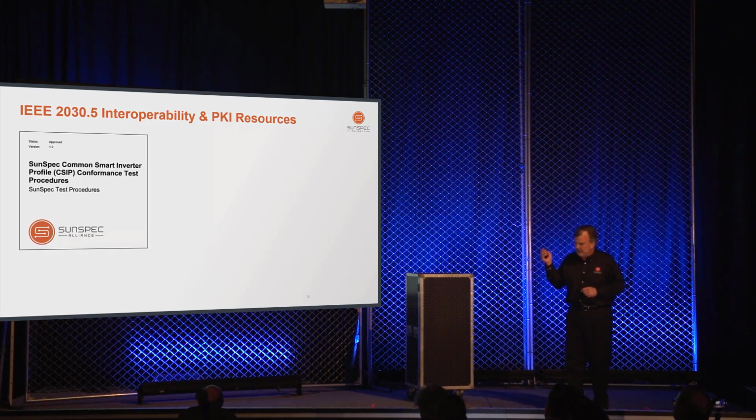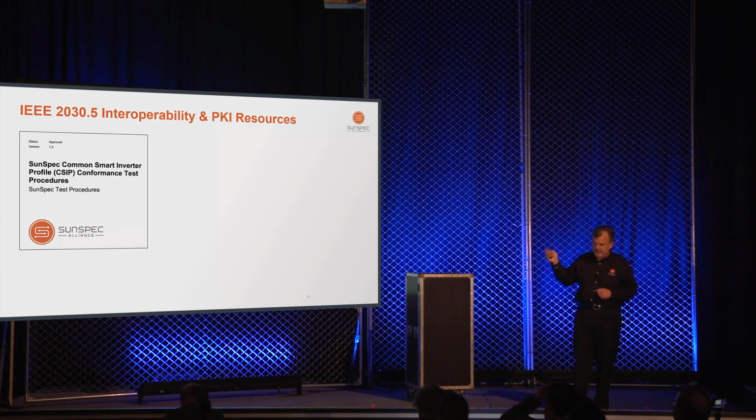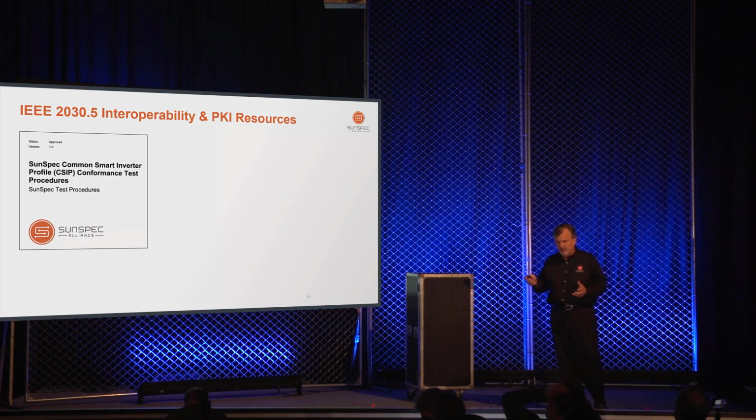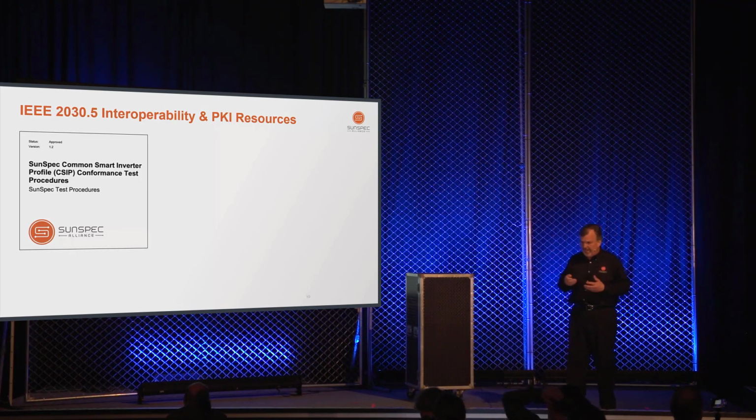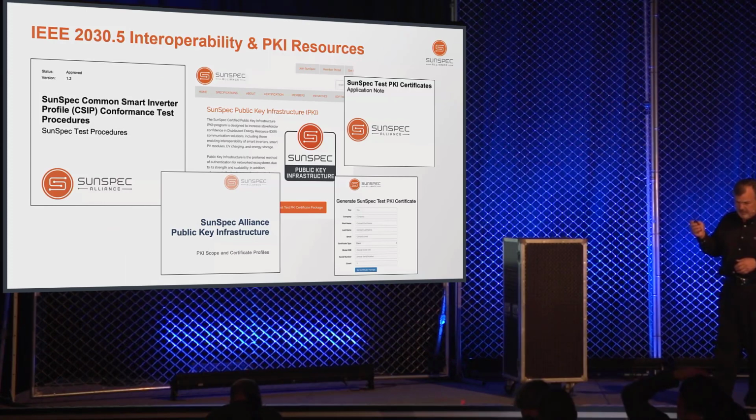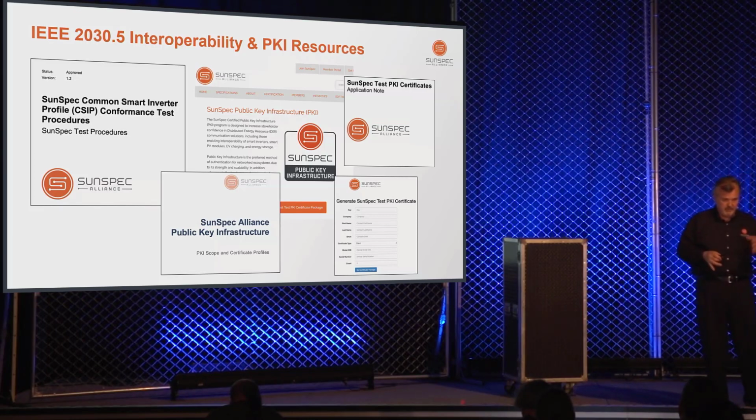All right, so to help our member customers work, we've published these Common Smart Inverter Protocol test procedures. It's all available for free download, and so it's a highly audited situation. And then we offer a variety of resources around a test PKI, where of course, there's the ability to generate test certificates yourself, including all the ones that you need for the negative tests.